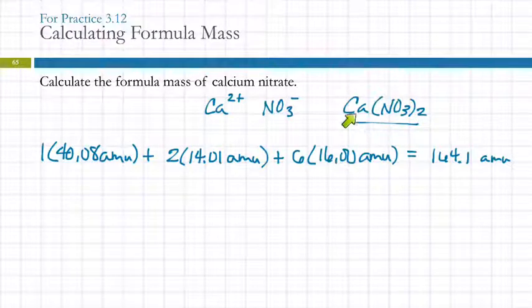But if I have 1 mole of these units, it will weigh 164.1 grams. Okay? It's the same calculation, it's the same idea, but we've just made it on a larger scale.